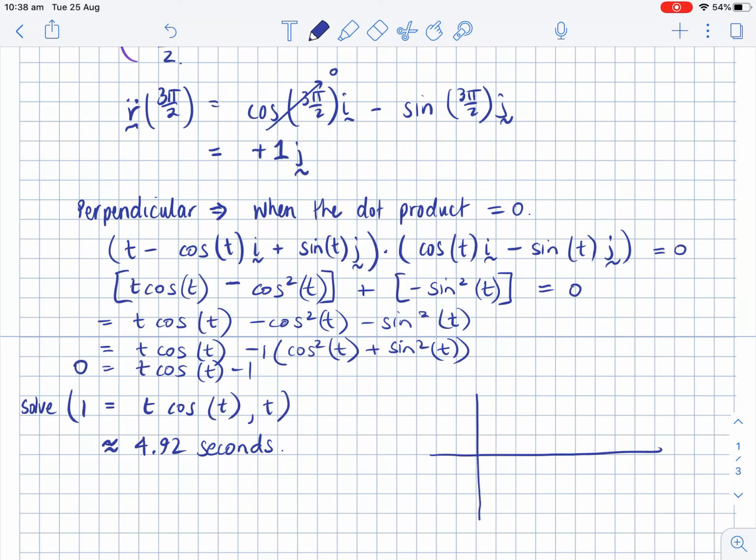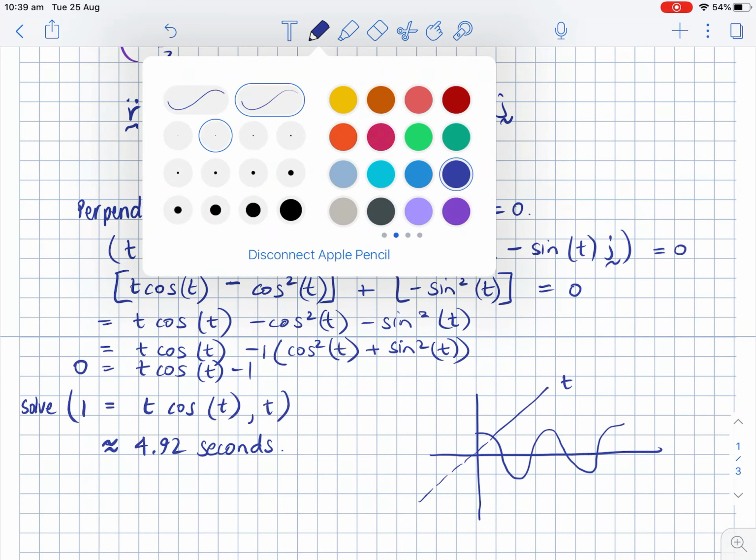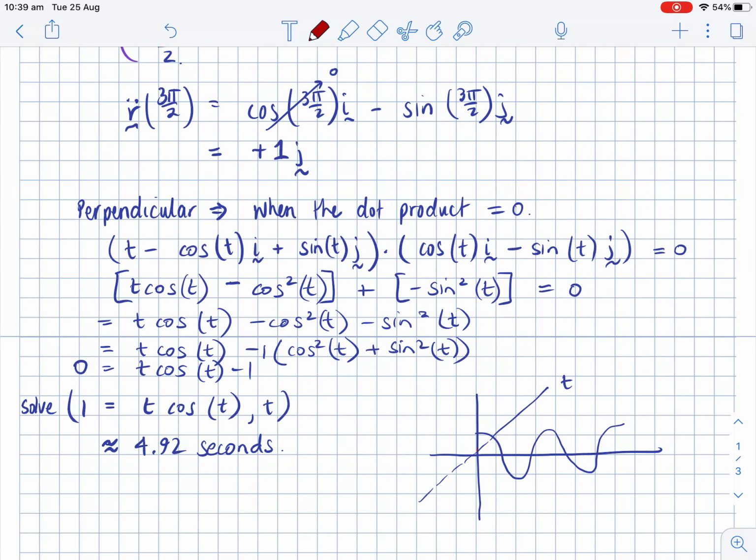Now if I was going to do that without a calculator, the only thing I can think of is I would draw a graph. So here is my graph of t, and then I've got my cos graph. Now my cos graph is this one. When I put those two together, I'm going to get an expression that sort of goes like this, because I'm multiplying the two of them together.